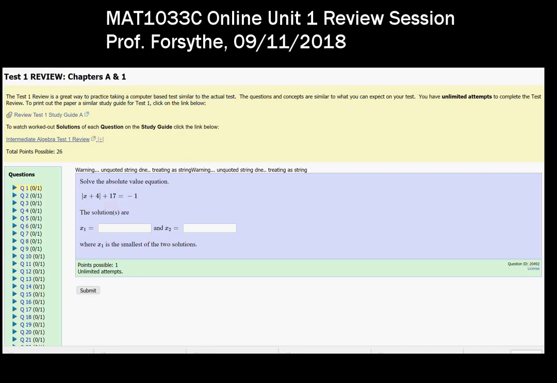And I'm actually going to have this assignment available for you to work on throughout the semester. But you have unlimited attempts. So remember, when you do any problem in iMath.AS, this is going to be your homework, test reviews, quizzes. Remember, this little yellow button is very helpful because it helps you input your answers.